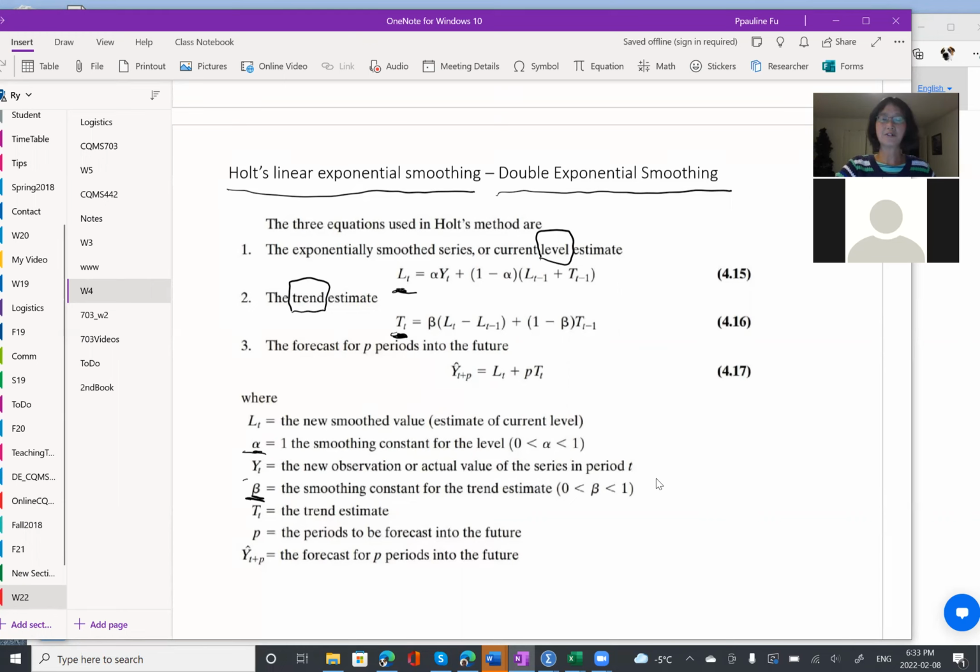Our objective is to choose the alpha and beta so that it reduces the forecast error. Remember in chapter 3, we have different methods for measuring the forecasting error, okay? So, once you have LT and TT, you can forecast P periods into the future using this formula.